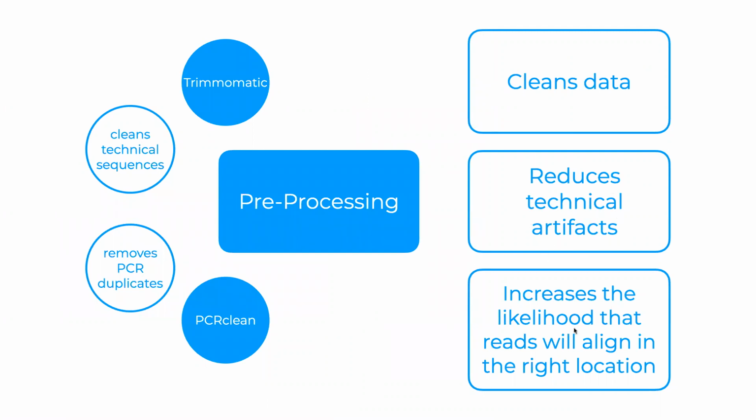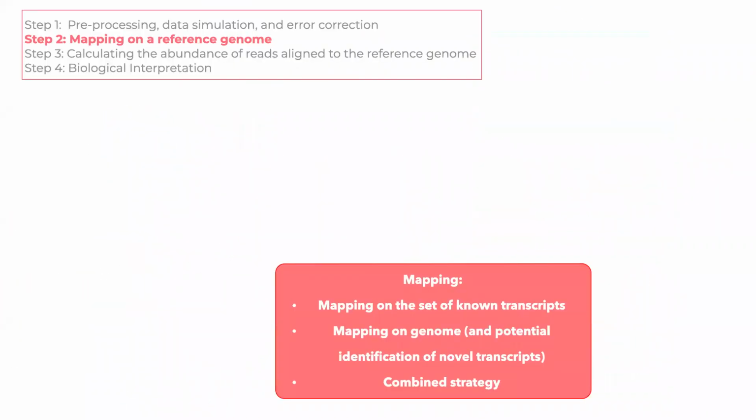And the outcome of this is that we will have a higher likelihood that the reads will align to the right location on the genome, and we will have a higher quality, higher confidence in the final calculation of levels of expression.